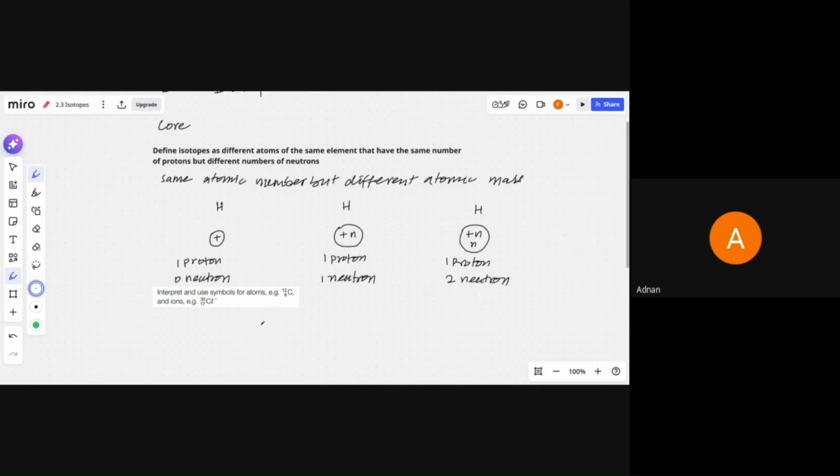The standard notation for representing an atom is, you write a symbol, and then at the bottom left, this will represent the number of protons. This is the atomic number, right?